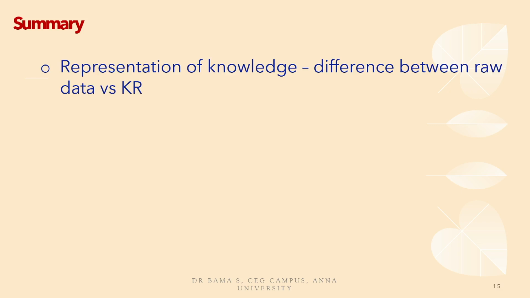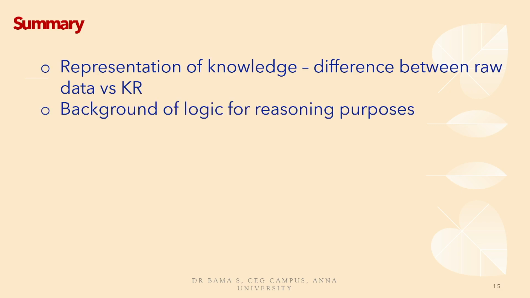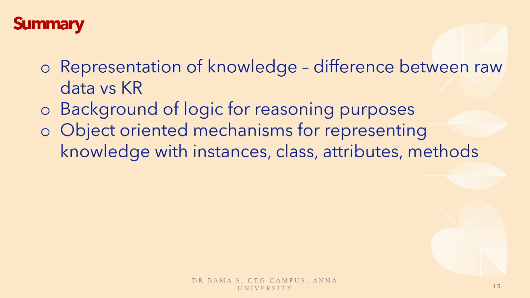Okay. Now, coming to the end of this session, what we have seen is, first we saw how knowledge can be represented. One way is the raw data, but it is not sufficient. We need other types of representation that include more knowledge, and that can be in terms of logic, on one hand. The other basic one would be representation with objects, where we have instances belonging to a particular class or superclass, which is attached to attributes or methods with properties.